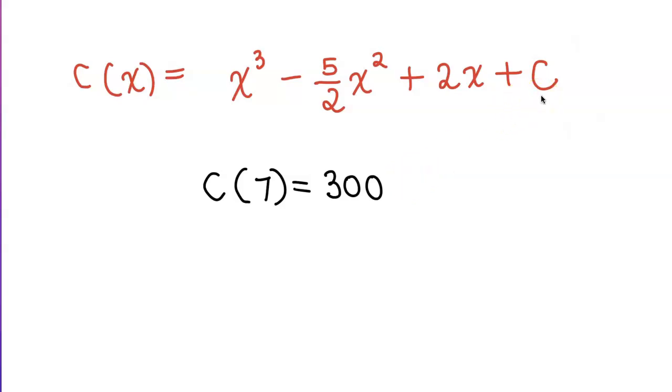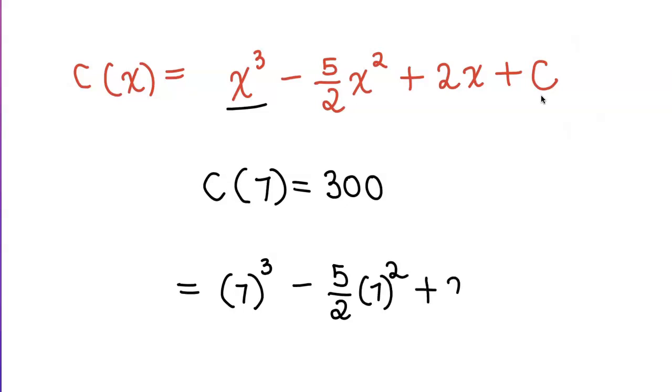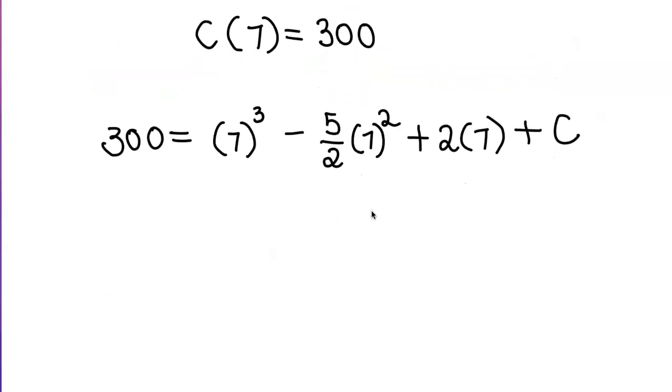So if you plug in 7 into x, x cubed will turn into 7 cubed minus 5 over 2 times 7 squared plus 2 times 7 plus c, some unknown c, then we are going to get what number? 300.